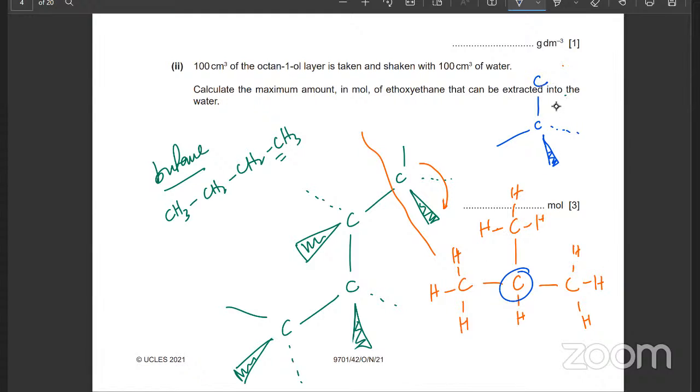So I can have 1 carbon in the same plane, I can have the second one in the same plane, but the third one, if it's a tetrahedral shape, will be out of the plane. That's 3 carbons, right? So I can never have the third one.